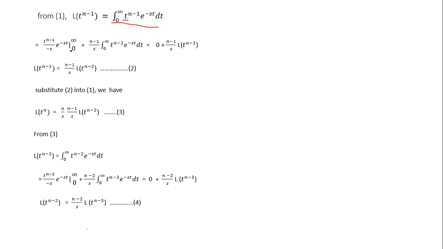Then we evaluate here. Plus, when we go here, this also becomes n minus 1 over s multiplied by the integral from 0 to positive infinity of t power n minus 2 exponential negative st dt. So you see that as we move along, the power of t keeps on reducing.